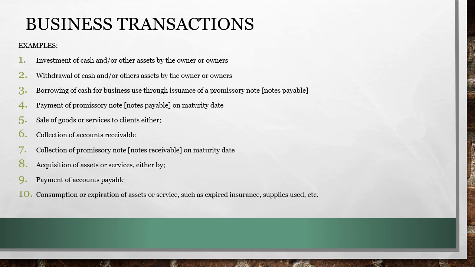It will be followed by another transaction which is payment to the creditor. And each time a portion of the merchandise is sold, another transaction occurs. So, class, those are events or transactions which must be recorded.